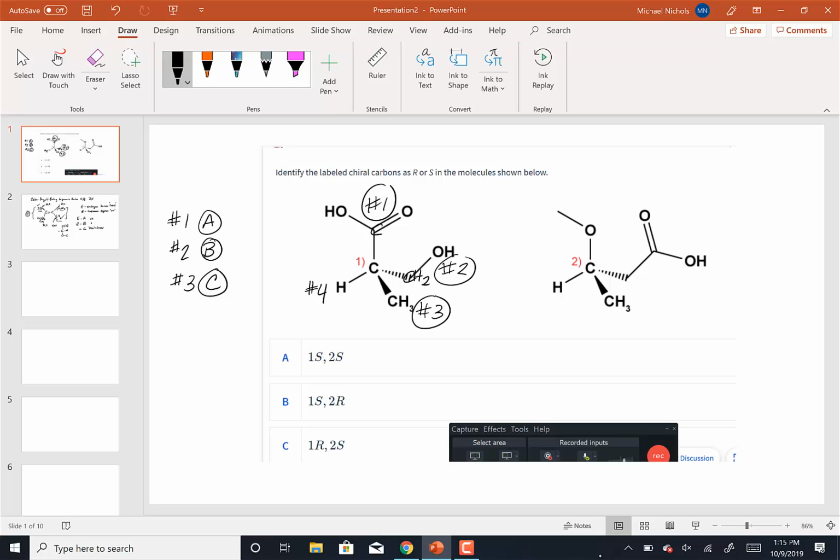Carbon versus carbon versus carbon, tie. What's attached to this carbon? 3 H's. What's attached to that carbon? 2 H's and an oxygen. What's attached to this carbon of the carboxylic acid? 3 O's.